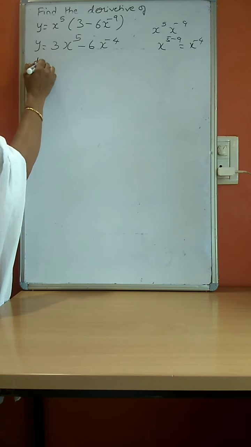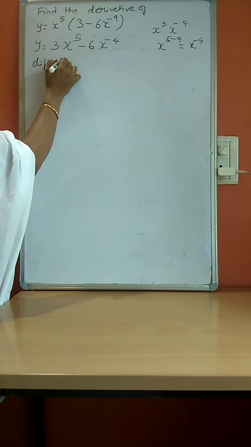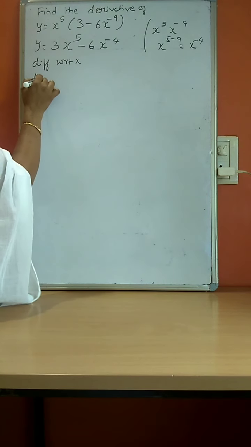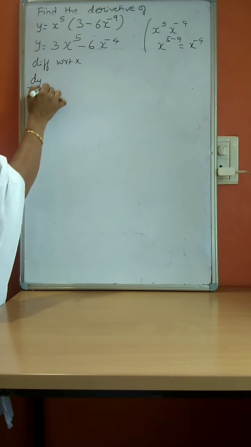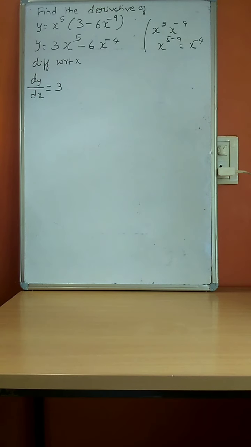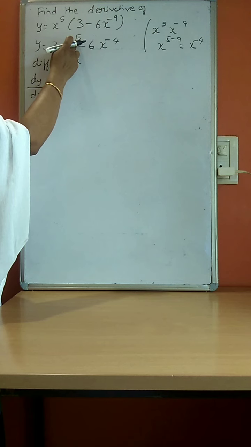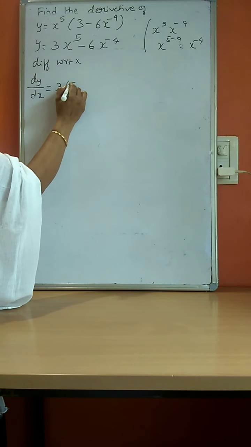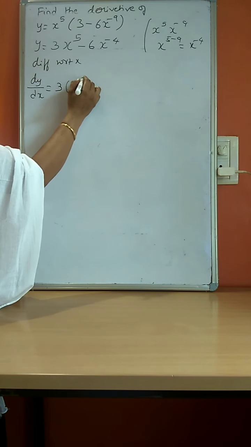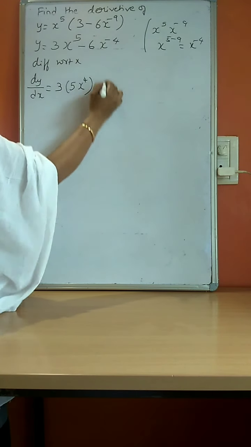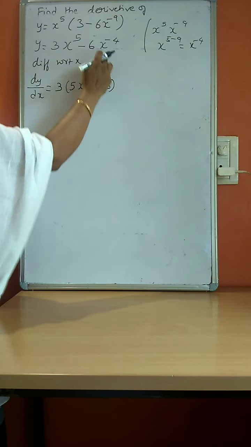Now we can go for differentiate with respect to x. What we get? dy by dx is equal to, keep the constant as it is. Here positive sign is a differentiation of x to the power of 5 is what? 5 into x to the power of 4 minus, keep the constant as it is.